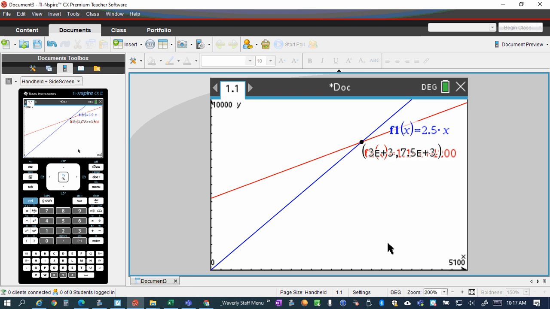And so sometimes these things land on top of each other. Move that out of the way. Does yours look like this? 3e plus 3.